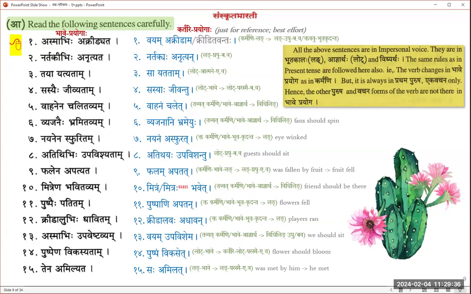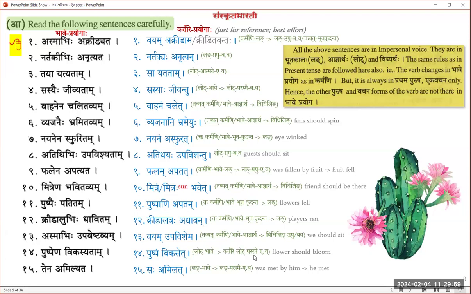Vikasati is the Parasmaipada form. It becomes Vikaset maybe because it takes the Bhave Karmani form. Vikasati, because even in shlokas, everything comes as Vikasati only. Pushpam Vikasati.